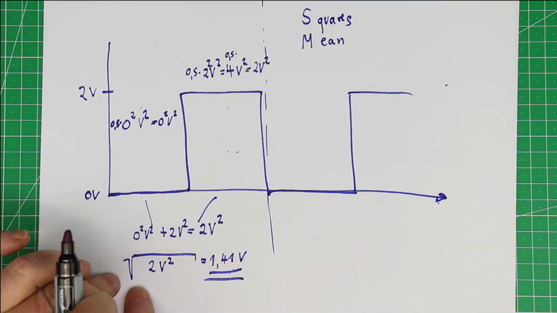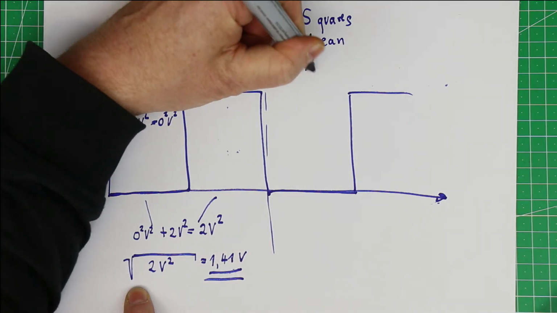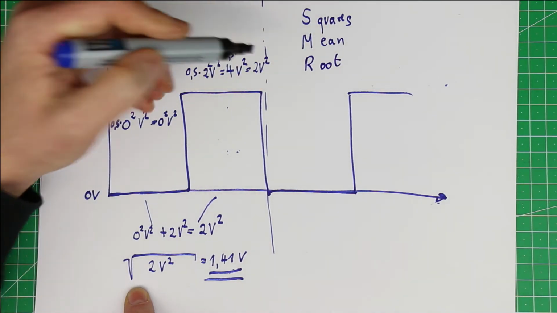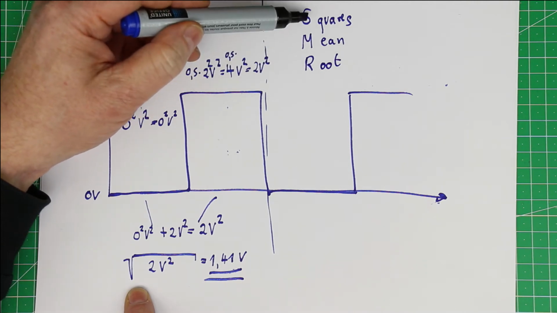And the third step was taking the square root. And now you can see why it's called RMS. It's the root of the mean of the squares.